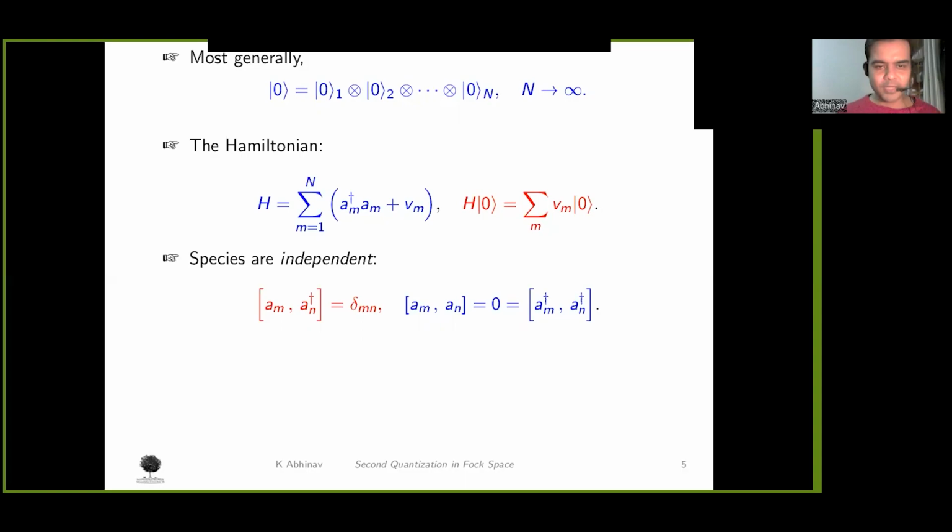Okay, so these species are independent of each other. They individually satisfy the Heisenberg algebra within themselves, and operators belonging to different species commute.